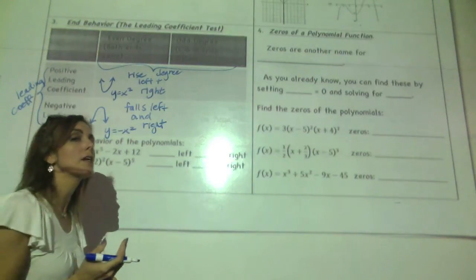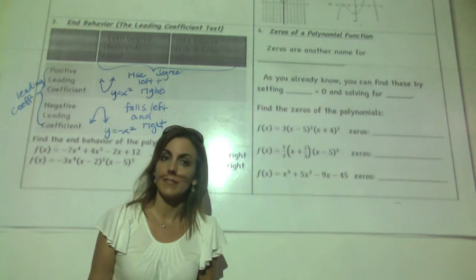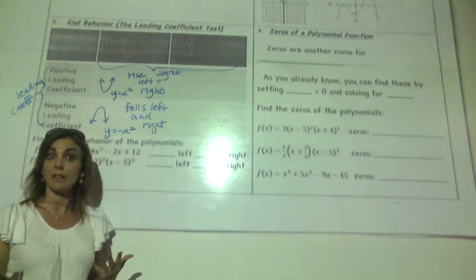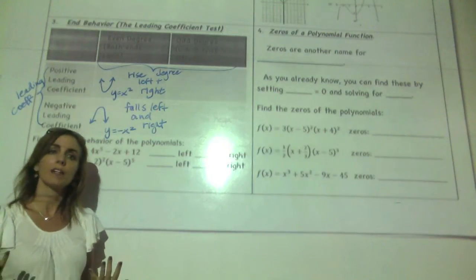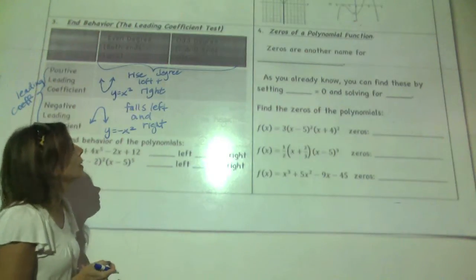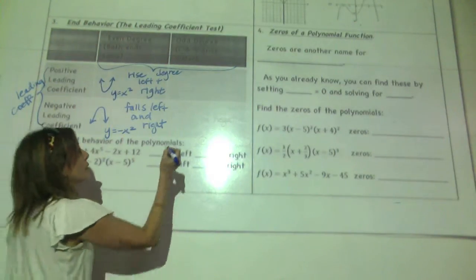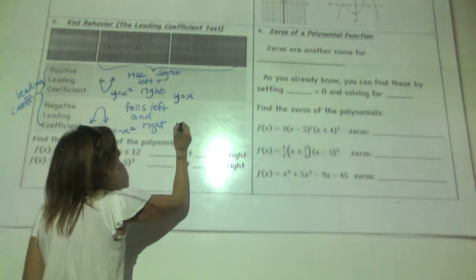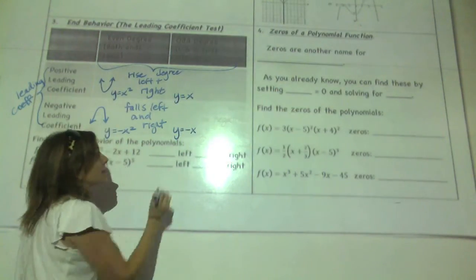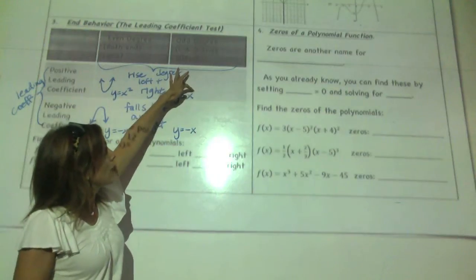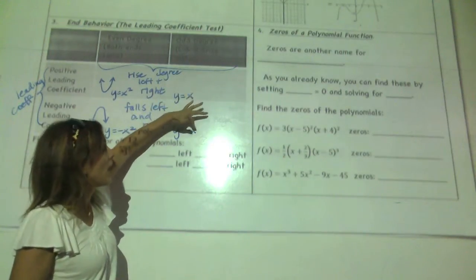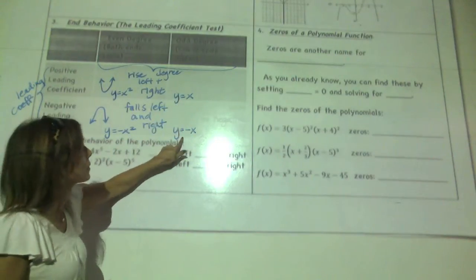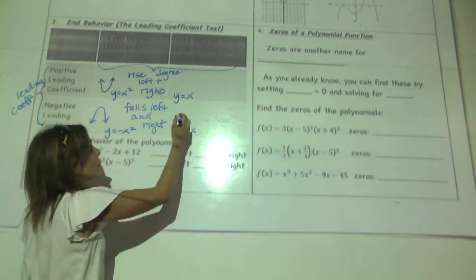Okay, so now let's think about something where the degree is not even, but it's odd. So there's lots of functions that is true of, but the easiest function is our linear function. If you think about the equation y equals x and y equals negative x. Your degree is 1 and 1, odd, odd. But here we have a positive leading coefficient and here we have a negative leading coefficient.